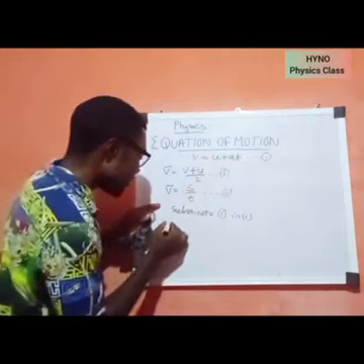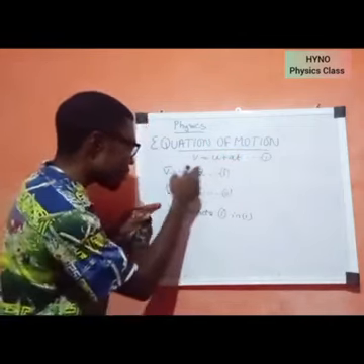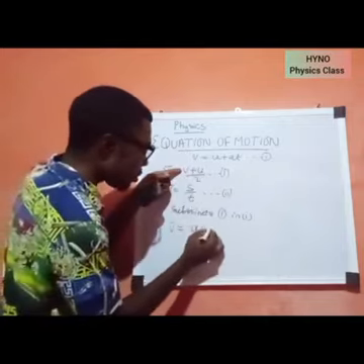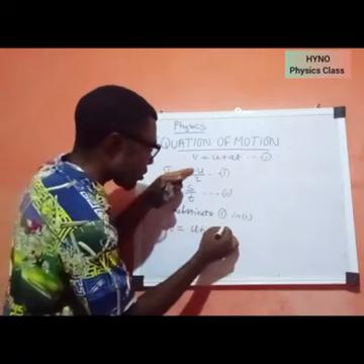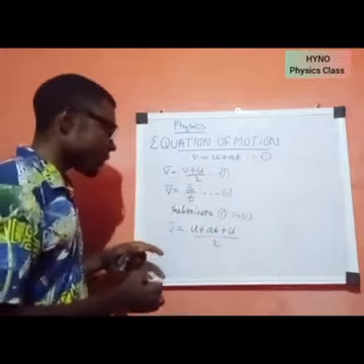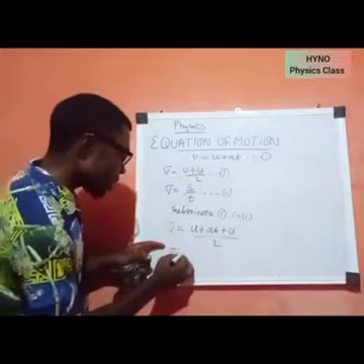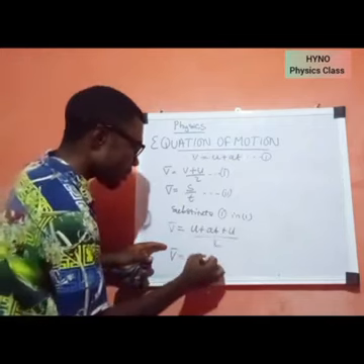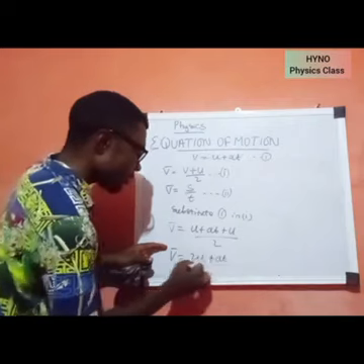So it means that average velocity is going to be what? V plus U over 2. Instead of V is what? U plus AT, then plus this U, all over 2. We've not committed any crime. So average velocity becomes U plus U will give us 2U plus AT all over 2.